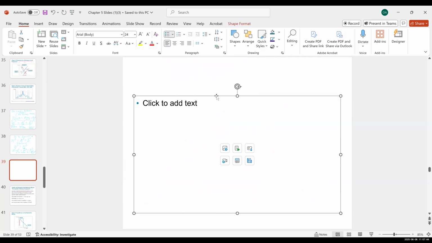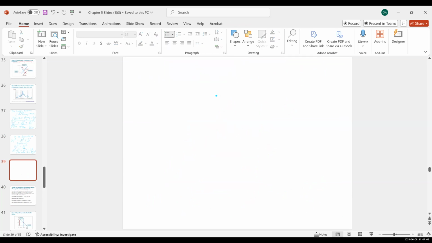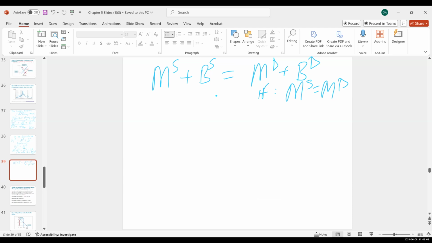Let me do it here. So we're saying MS plus BS, let me duplicate it because I ran out of room, equals MD plus BD. So if the money market is in equilibrium where money supply equals money demand, look here, guys, the bond market will also be in equilibrium.